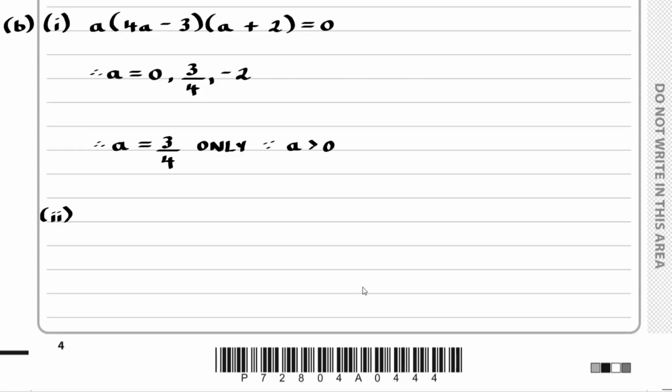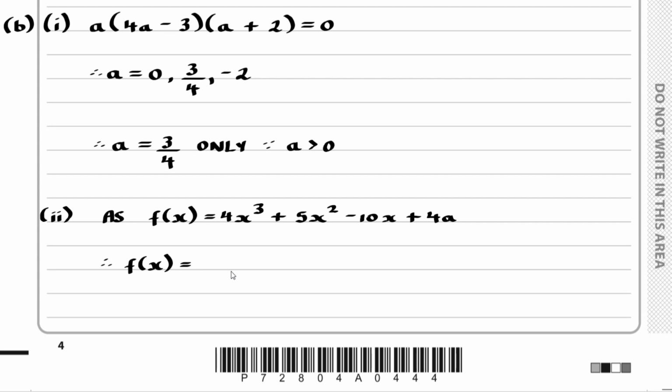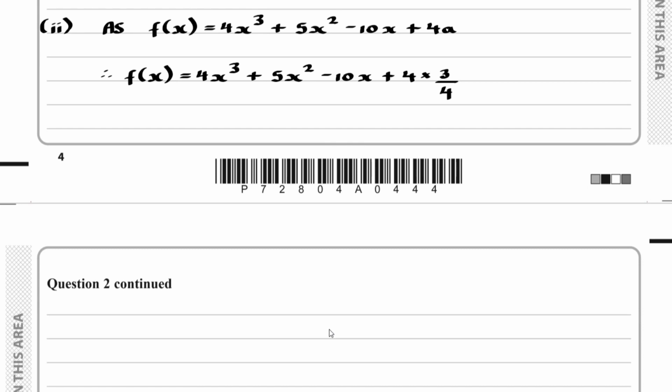So f of x is equal to 4x cubed plus 5x squared subtract 10x plus 4 multiplied by a, so we multiply this 4 by 3/4, and 4 times 3/4 is just 3, which means f of x is equal to 4x cubed plus 5x squared subtract 10x plus 3.